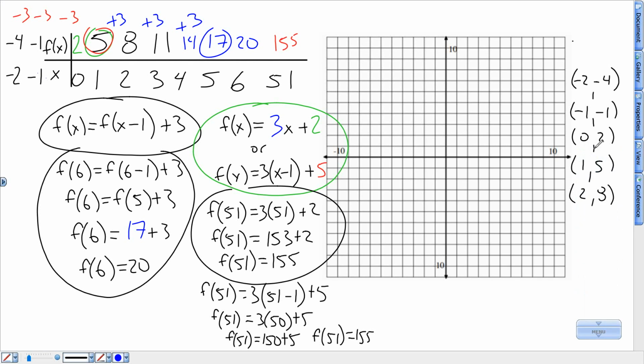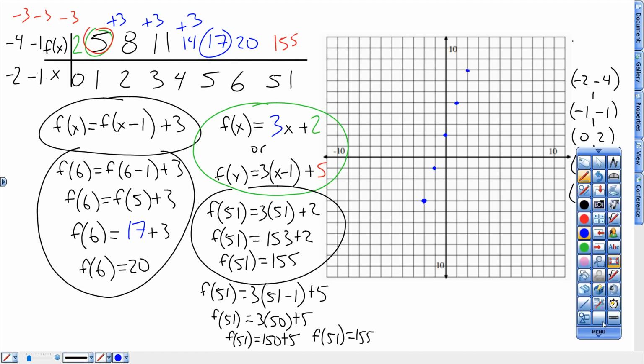So left 2, down 4 for y. -1 for x, down 1 for y. 0 for x, up 2 for y. 1 for x, up 5 for y. 2, up 8. Noticing as I draw my line, every point on that line has that same slope pattern of over 1, up 3, over 1, up 3.